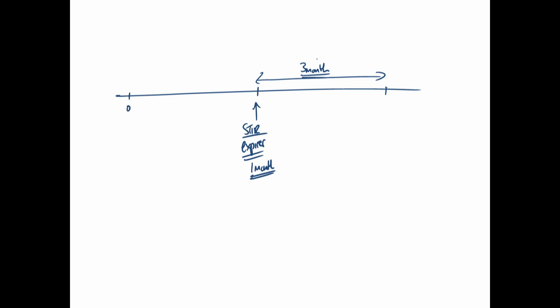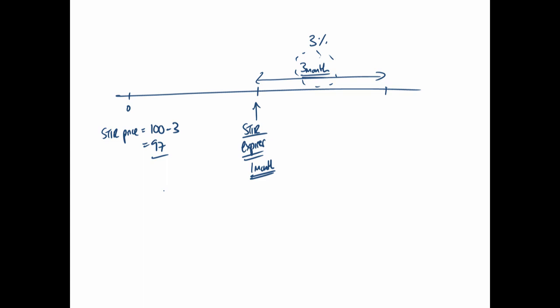If the relevant forward rate for this period, that's the 3-month period starting in 1 month's time, was say 3%, this means the stir price right now will be 100 minus 3, which is 97. Okay? That is how this contract is priced. It's called the International Money Market pricing mechanism.